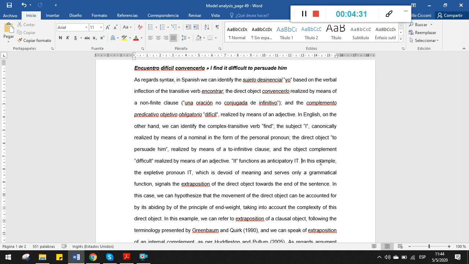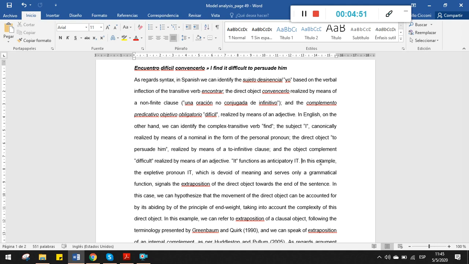In this case, we can hypothesize that the movement of the direct object can be accounted for by its abiding by the principle of end weight, taking into account the complexity of this direct object.